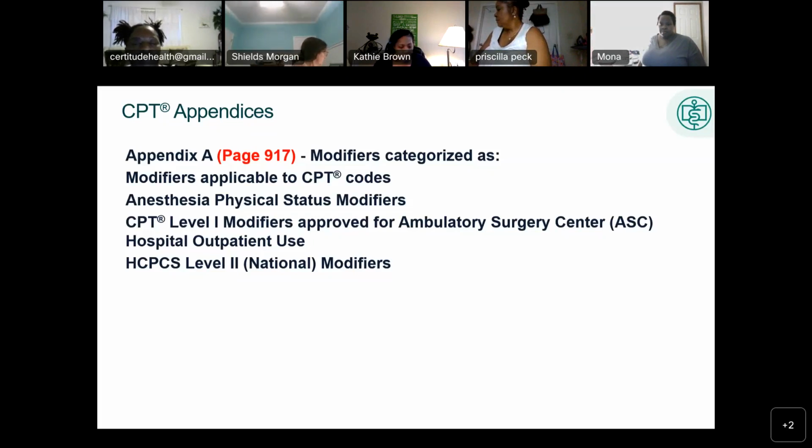So we can touch base on those at that time. I really just wanted to make sure everybody got a good understanding of the CPT book first. And then I'll talk to y'all about the HCPCS book. So any questions that you see related to HCPCS level 2, you can skip for now.